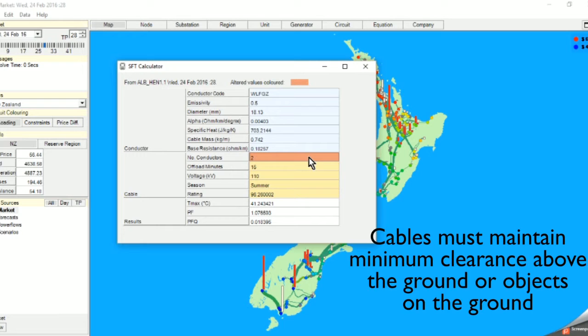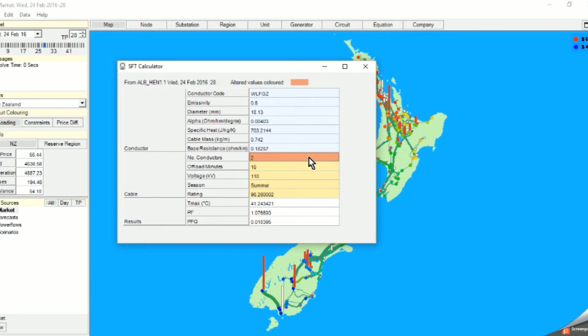Now in this particular case, if it was okay for the circuit to operate at 80 degrees C, adding another conductor, we are now only operating at 41 degrees C, so that implies that we could run this particular circuit back up to its original 80 degrees C. So let's have a look how we achieve that.